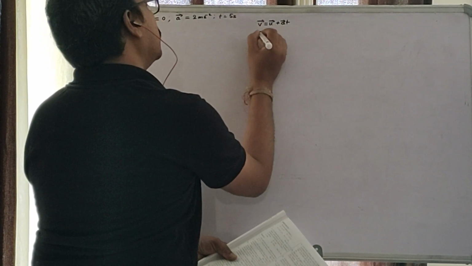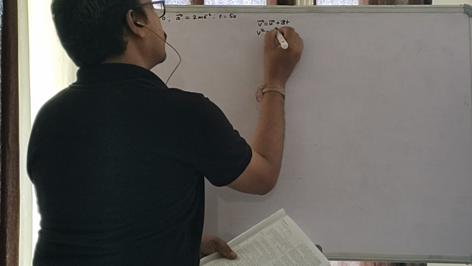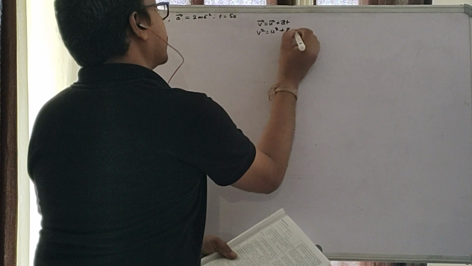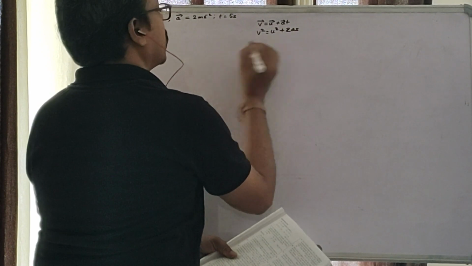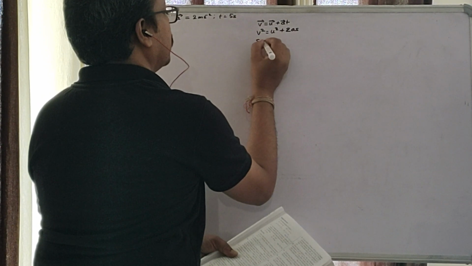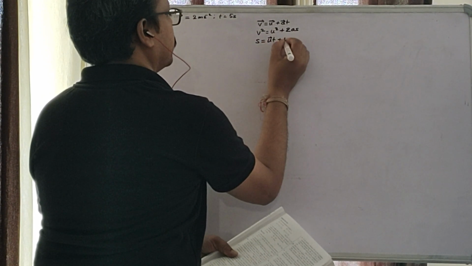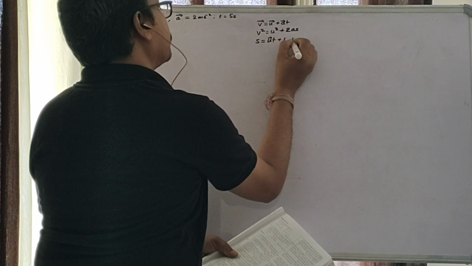Vector quantity is shown, and here we are writing v square equal to u square plus 2as. Okay. And what else we can have? We can have s equal to ut plus half at square.